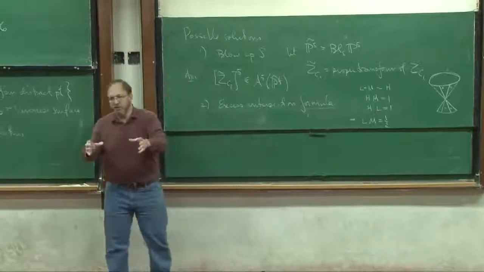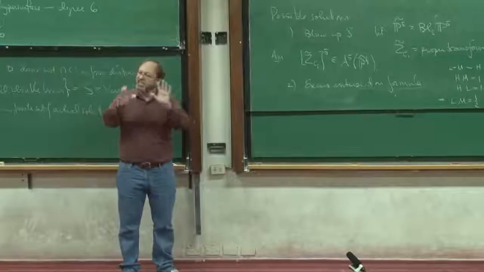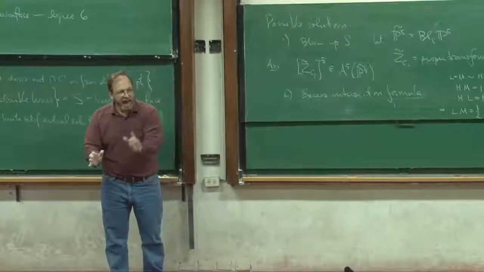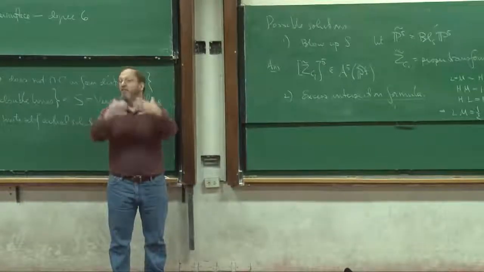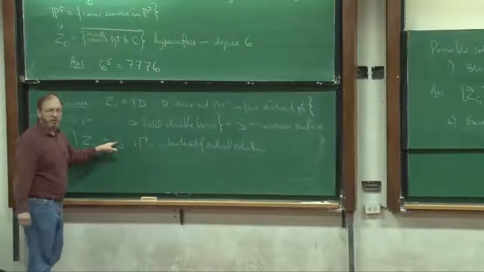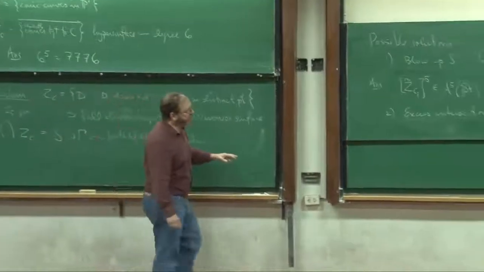So rather than try to take two cycles and move them until they meet transversely, he just says, let them be. Keep them where they are. I can describe for you a class associated to that intersection of the right dimension, even if the actual intersection has the wrong dimension. And this is the excess intersection formula.